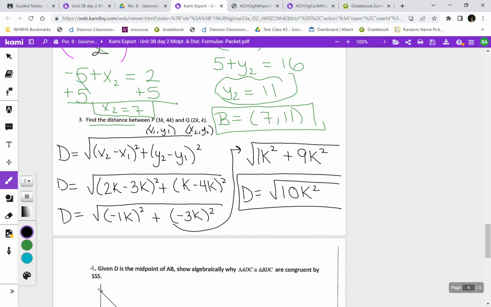So we did the negative 1k and raised it to the second power, so that was k squared, right? And then we did the negative 3k and squared it, that was 9k squared. But because there's a plus sign between them, you can't just cancel out the radical. You can't just take the square root of k squared and take the square root of 9k squared. Because there's a plus sign between them, you have to simplify what's underneath the radical.